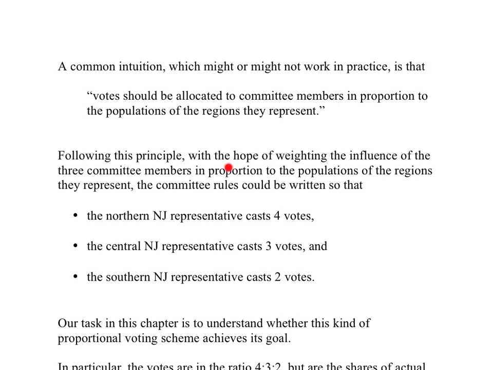So following this principle, we could give the Northern New Jersey representative 4 votes, the Central Jersey representative 3 votes, and the Southern Jersey representative 2 votes, and then their vote totals would indeed be in exactly the same proportion as the populations they represent.